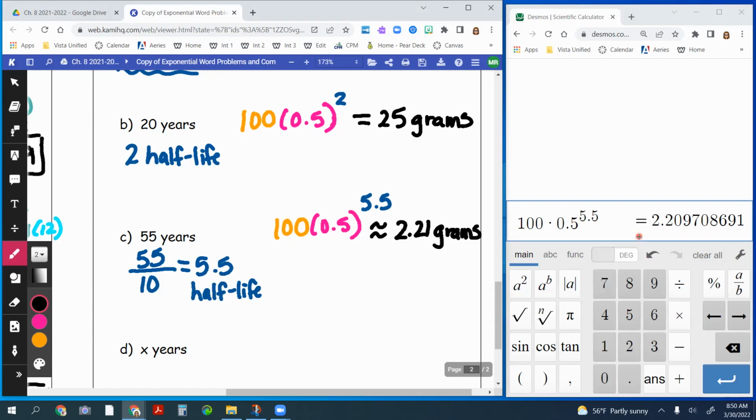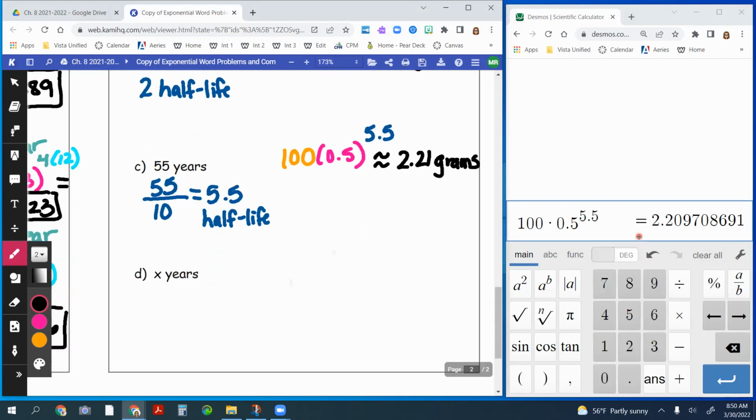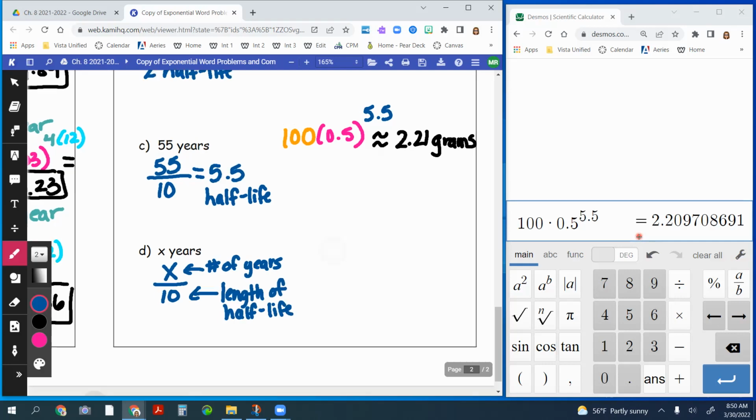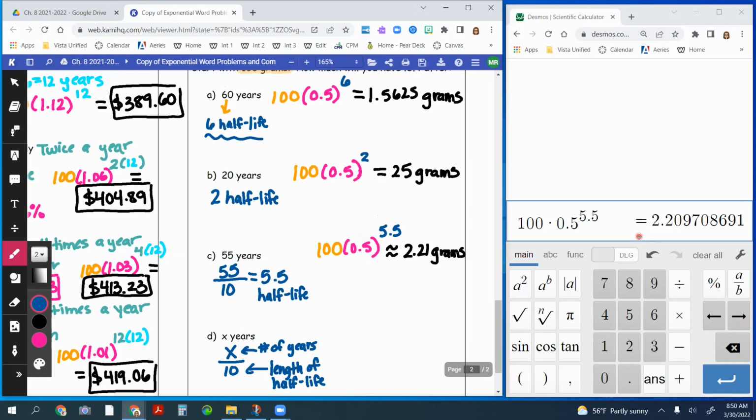Now, basically what's happening each time when we're doing this is we're going to take how many years and divide it by 10. So this here is number of years. This is length of half-life. And that's how we got the 5.5, the 2, the 6. Okay.